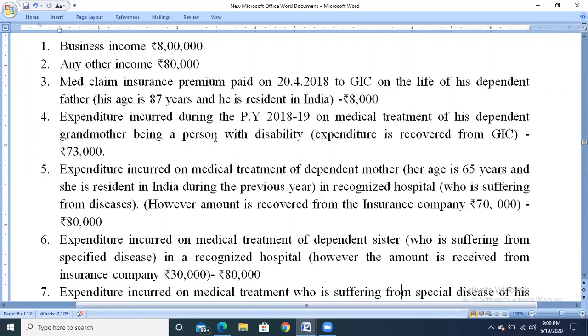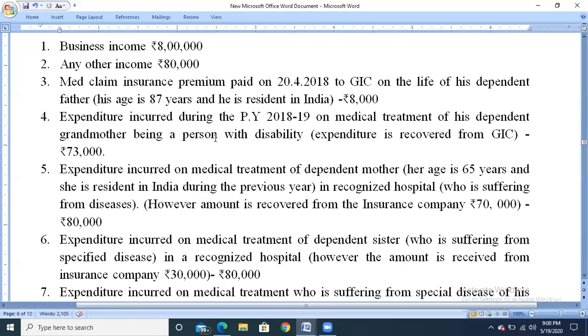Expenditure incurred on medical treatment of dependent sister who is suffering from a specified disease in a recognized hospital. However, the amount received from the insurance company is rupees 30,000. Here they have clearly stated that she is a dependent sister, and a sister is a family member. She is a resident and her age has not been specified, so it is assumed to be less than 60 years.